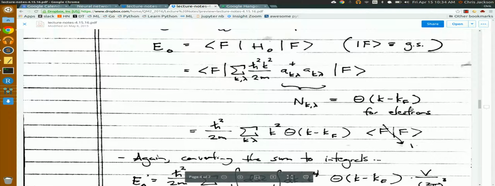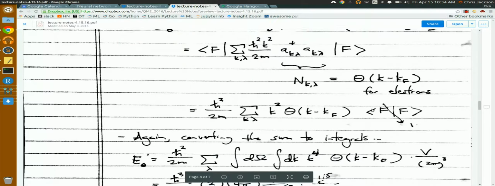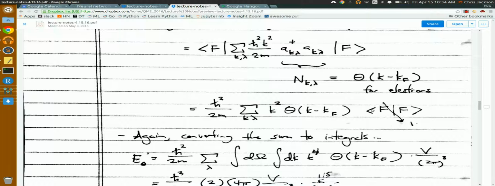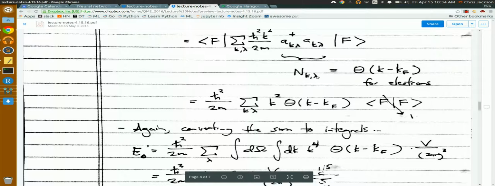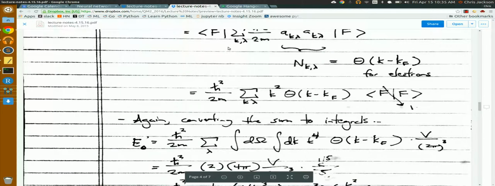So we can represent that again as a step function, right? Depending on if we're below k Fermi, then it would be 1. If it's above, it's 0, right? So I can plug that in. And now it's just a number, so I can pull it outside of this sandwich between the bra and the ket. And we're assuming that these guys are normalized, so the inner product of these two just gives me a factor of 1.